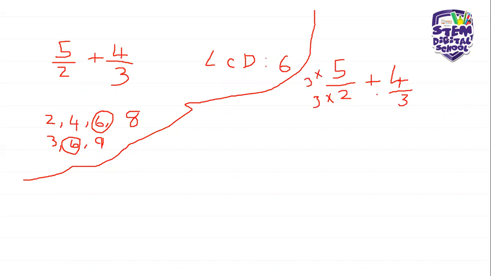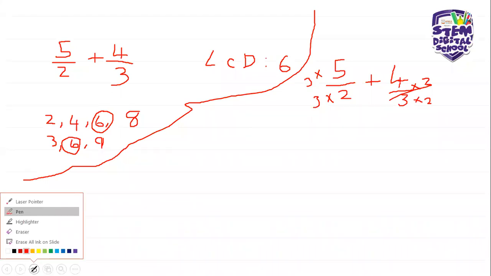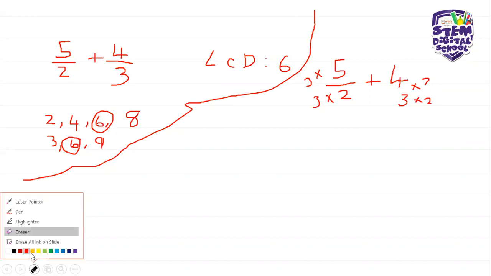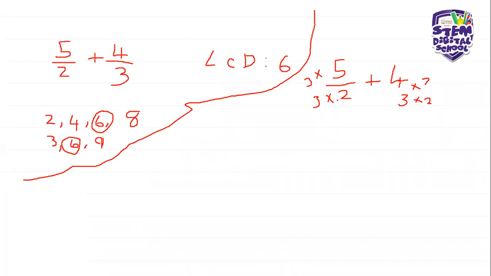To change this into 6 is times 2, times 2 on top. Then at the end, you're going to just get the answers.